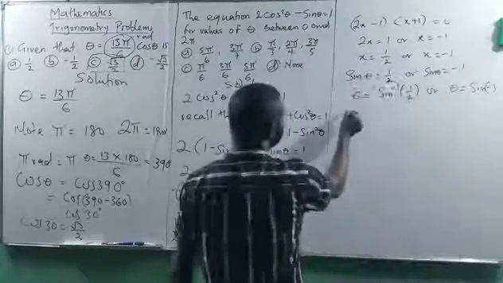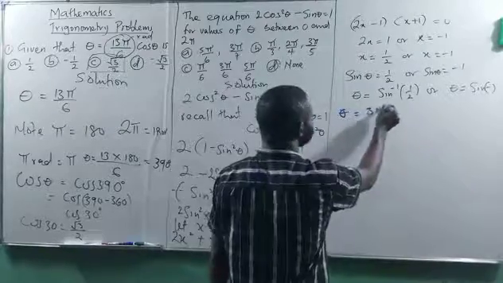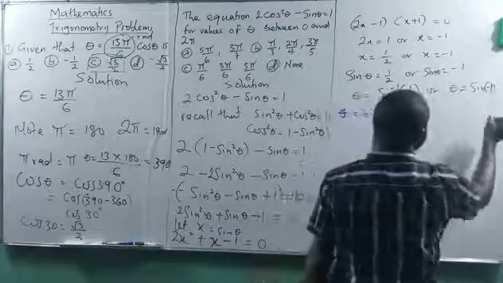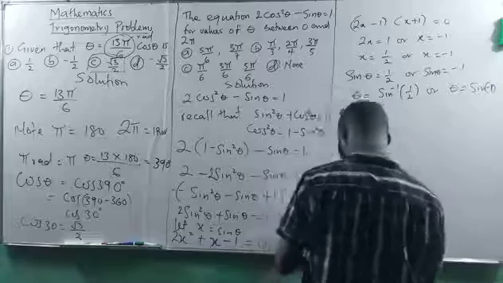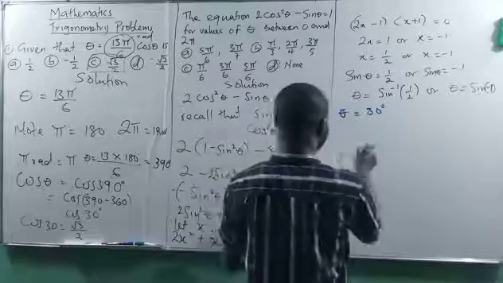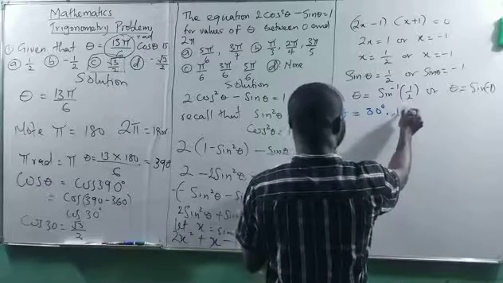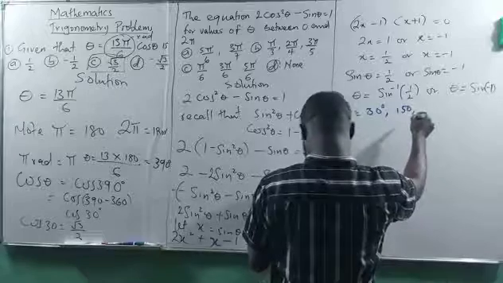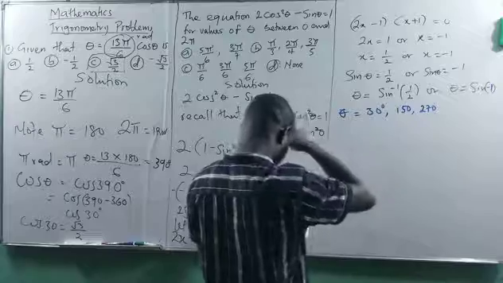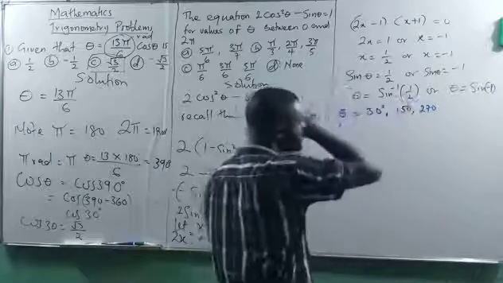Theta will now be equal to 30, because sine inverse of this will be 30, and this also is 30, so 30 or 150 degrees and 270 degrees, because this one is positive and this is negative.